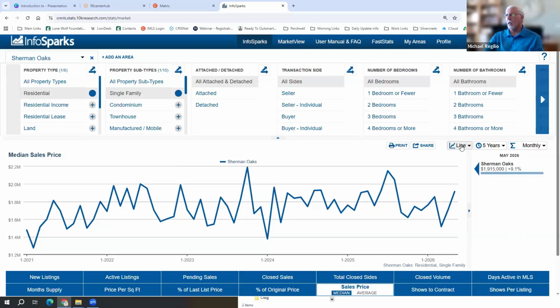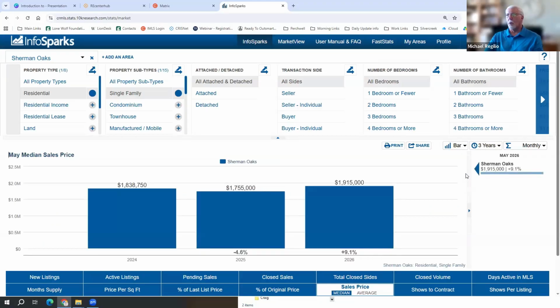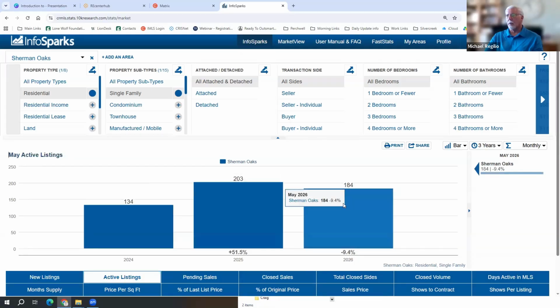The first is that we have the option to do a line, which will go back further, or we can use a bar graph. A bar graph inside of InfoSparks only does the last 3 years. So we can do active listings, and it's going to do the month of May for the last 3 years.